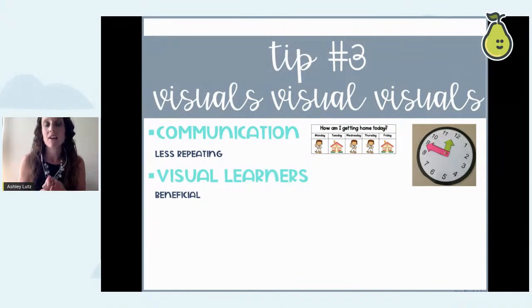One thing that I did over distance learning was my students had, we learned about elapsed time, and it became quite apparent that even with all the YouTube videos I was doing, the Screencastify and all the different things, they were having some difficulties. So I made them these clocks. I found a free printable on Google, printed the clock, and I used Astrobrights because who doesn't love Astrobrights?